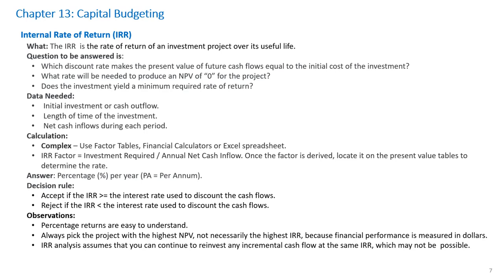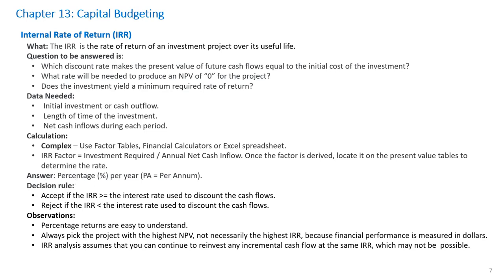The data needed for the IRR calculation includes the initial investment, the length of time of the investment, and the net cash inflows during each period. The answer from the calculation will always be an annual percentage rate.